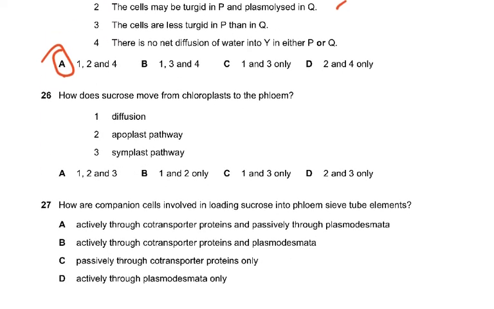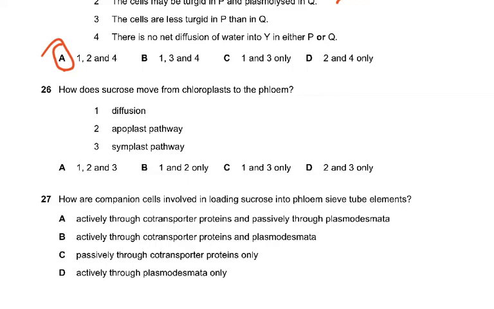Then question number 26. How does sucrose move from chloroplast to the phloem? Diffusion, apoplast pathway, or symplast pathway. So we are talking of chloroplast to the phloem, right? So it has to be all three of them.